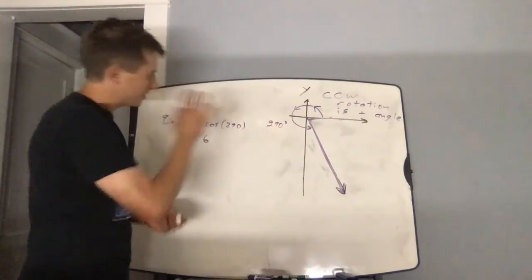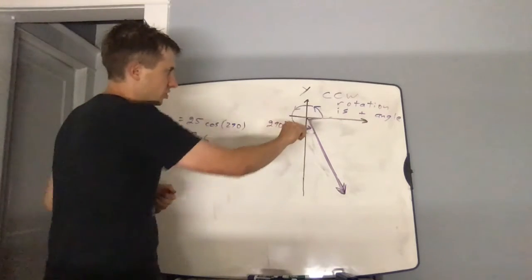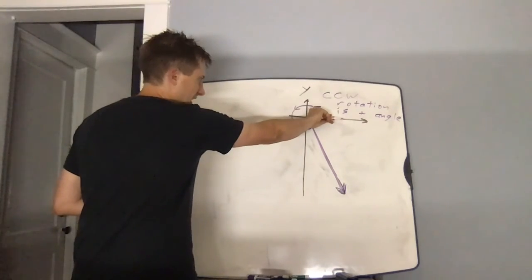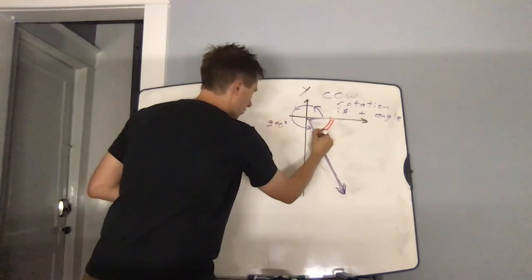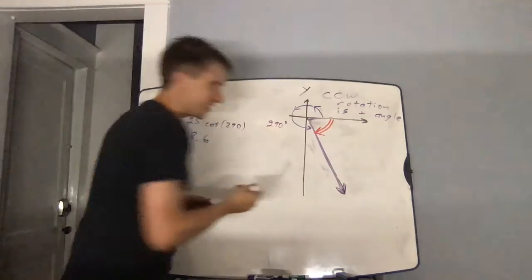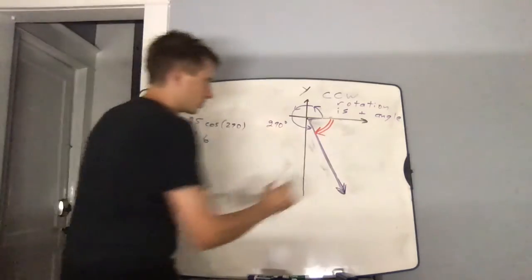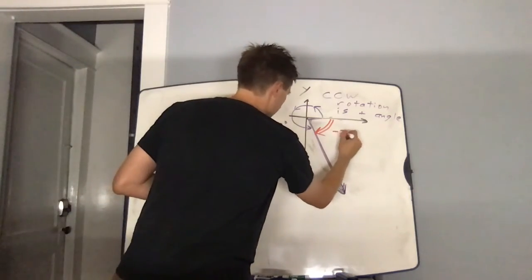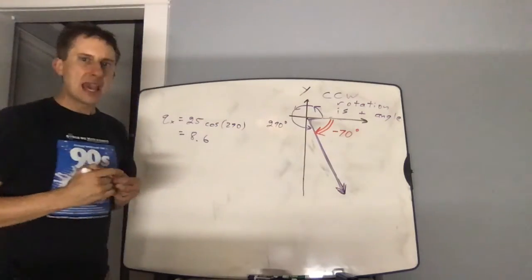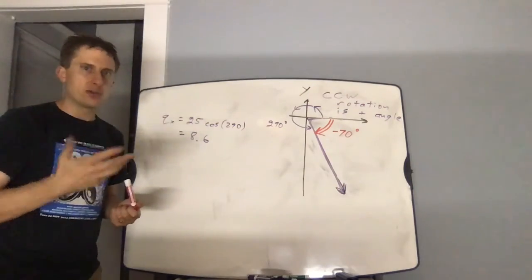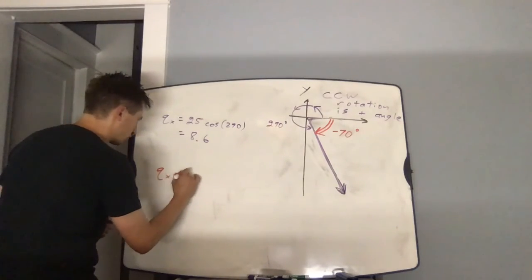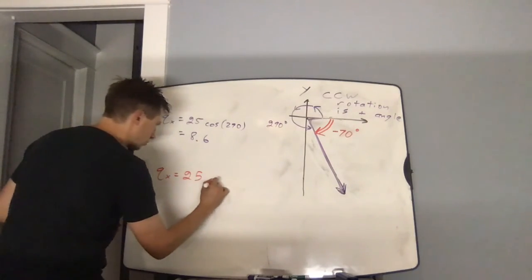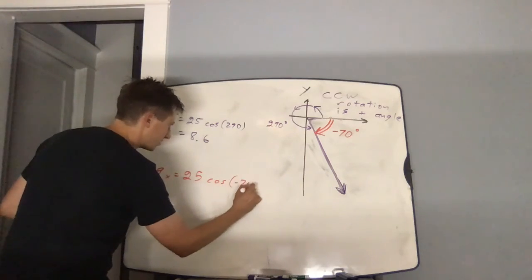So just the same, I could, if I want to, begin pointing along the x-axis, and if I rotate in a clockwise direction downward, like this, I would say this is a negative angle. So in this case, this angle would be negative 70 degrees. And if you want to, you could check, you could write QX is equal to 25 cosine of negative 70.